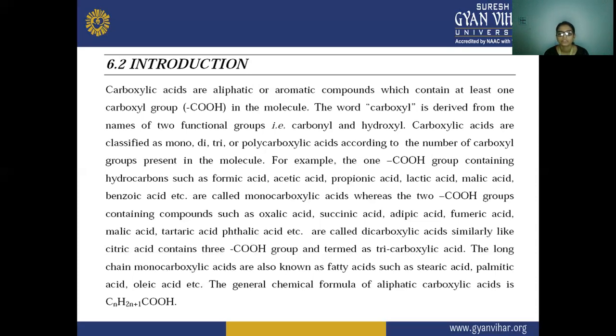So formic acid has only one carbon atom, the acetic acid has two carbon atoms, and the propanoic acid has three. If one more CH2 is attached to this group, then the name is propanoic acid. So this is the introduction of carboxylic acid.